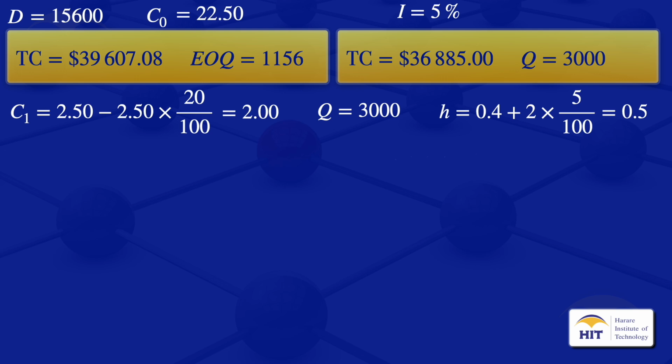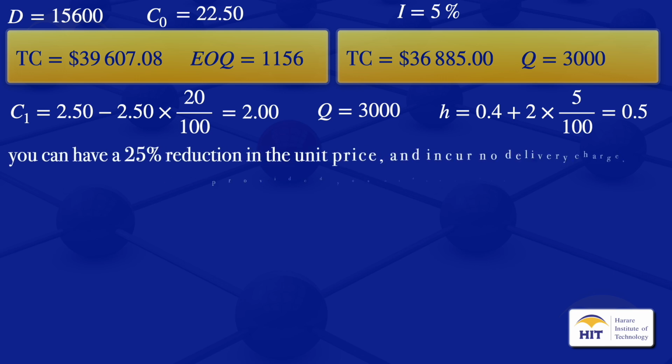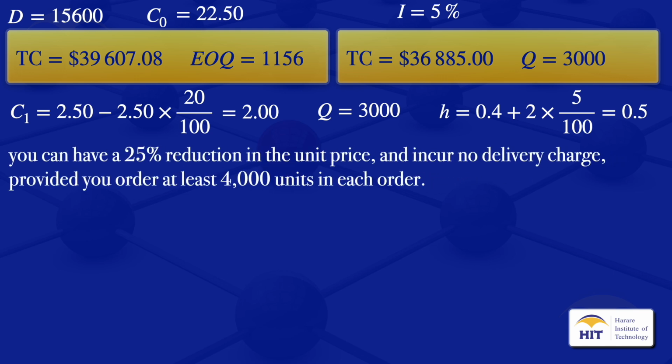Now suppose that you can have a 25% reduction in the unit price and incur no delivery charge, provided that you order at least 4,000 units in each order. So when you have a 25% reduction, it will affect our purchasing cost, the C1. And we are only having this reduction if we purchase 4,000 units.